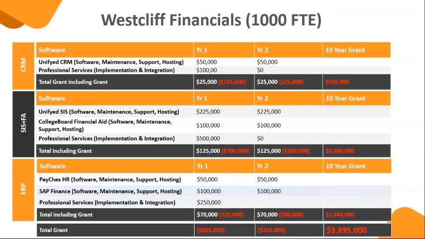So that's really the aim of the grant program, which is, can we help institutions long-term migrate or modernize at a cost that is ideally equal to the current maintenance cost?